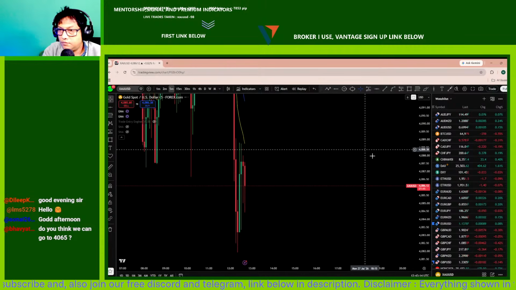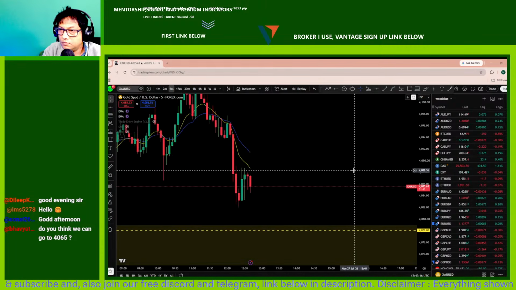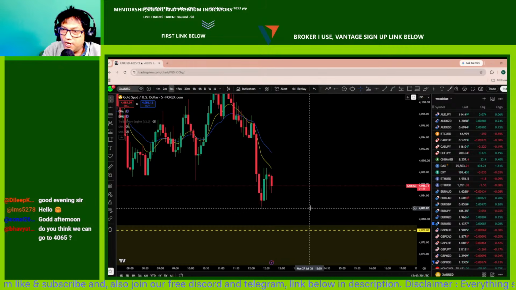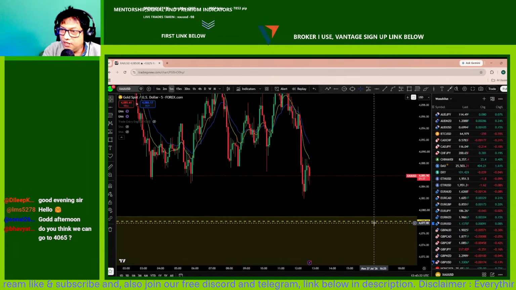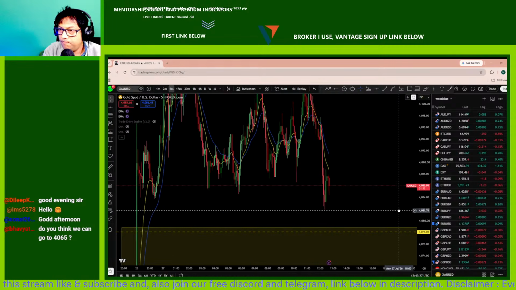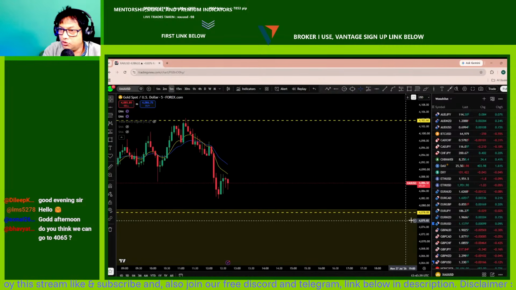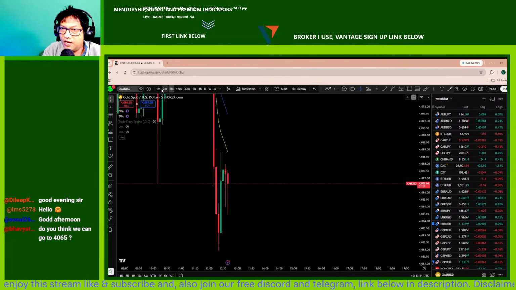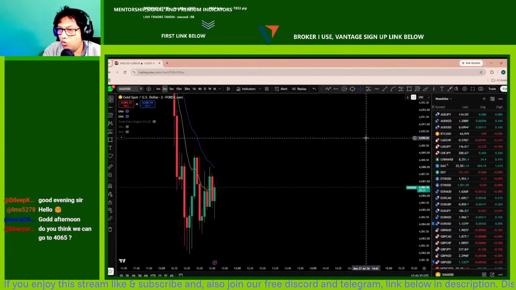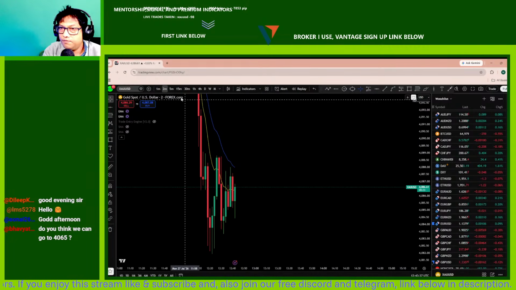But you can see that the trend here shows that it's still in a downtrend, and the price is below this support. Will not be surprised to see that entirely again rejected back to the upside. So you can see that quite a few long wick candles are being created in this area.